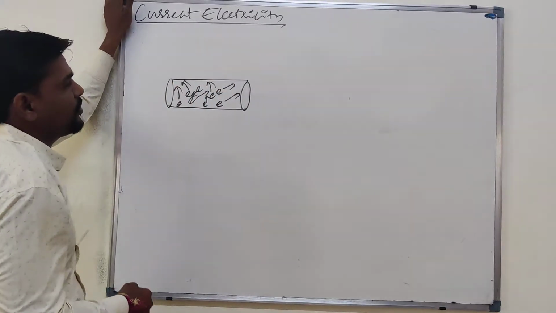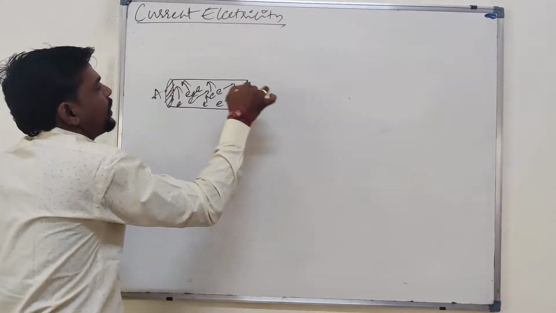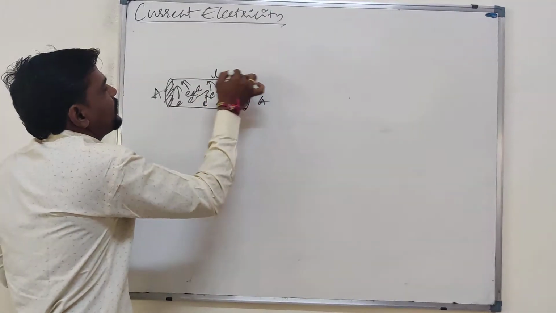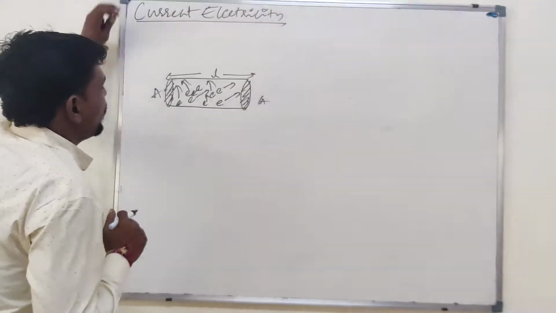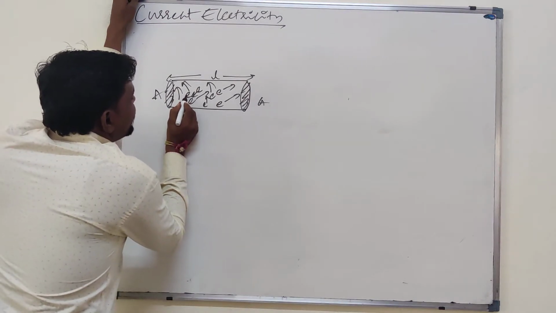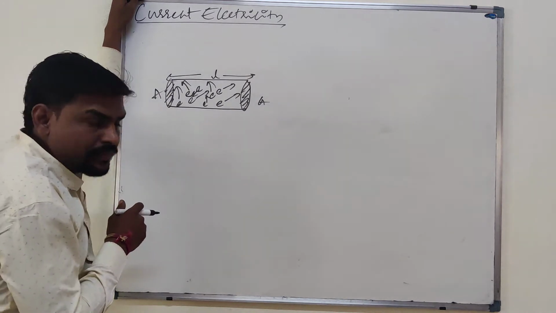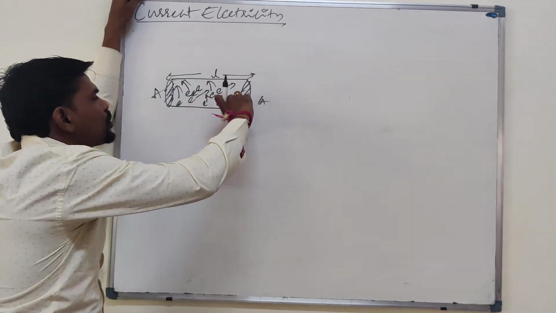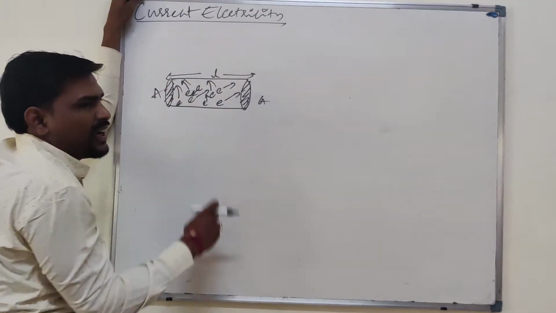This is the cross sectional area, and it has a length. These free electrons are moving all around inside the conductor.